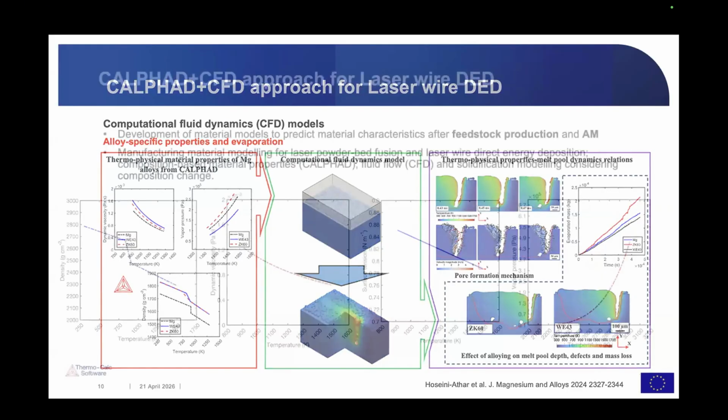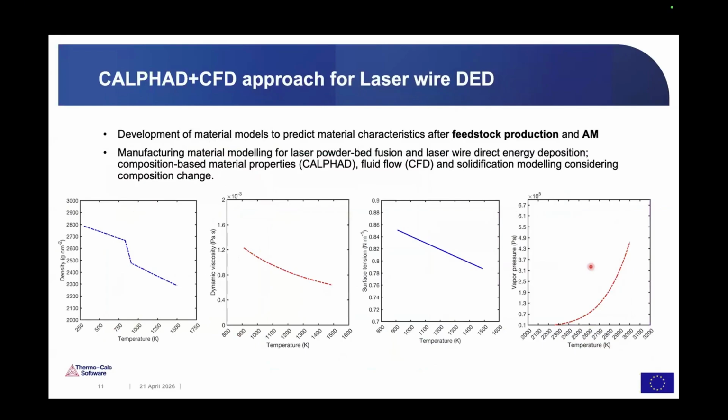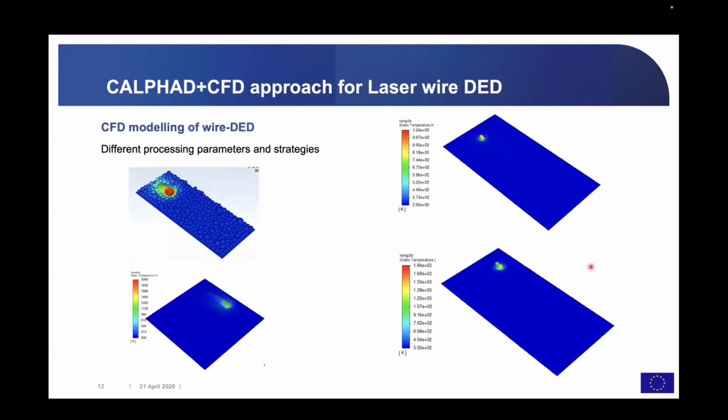And for that to happen, we need chemical composition-specific physical properties. For that, we use a CALPHAD method based in the Thermo-Calc software, so we can get the temperature-dependent physical properties that we can use in the CFD model.